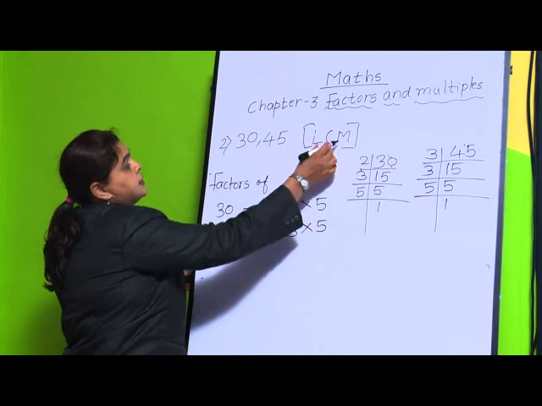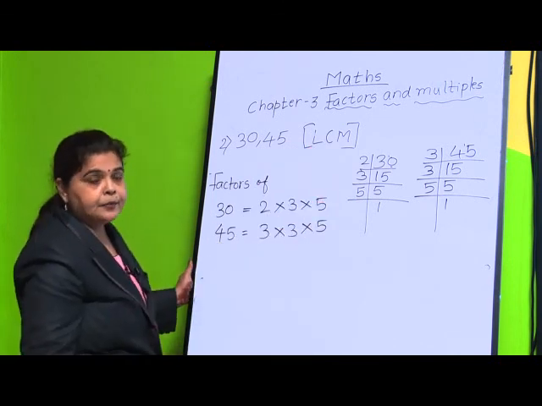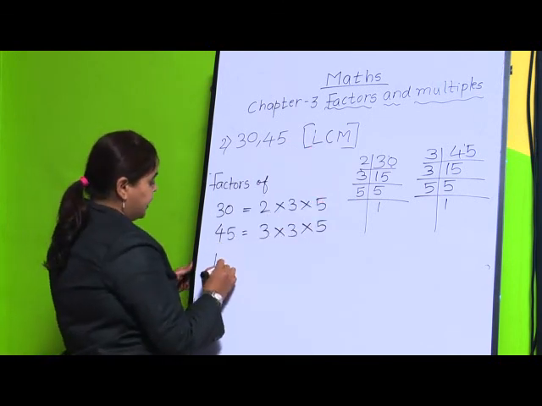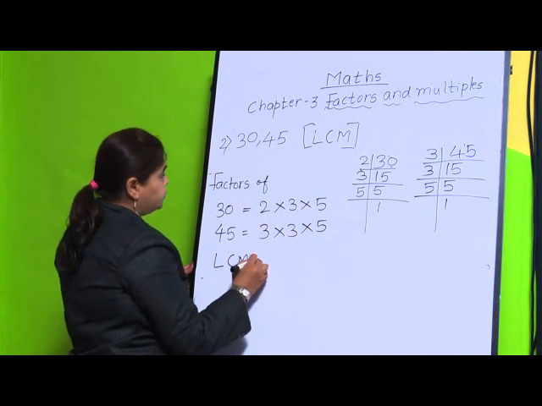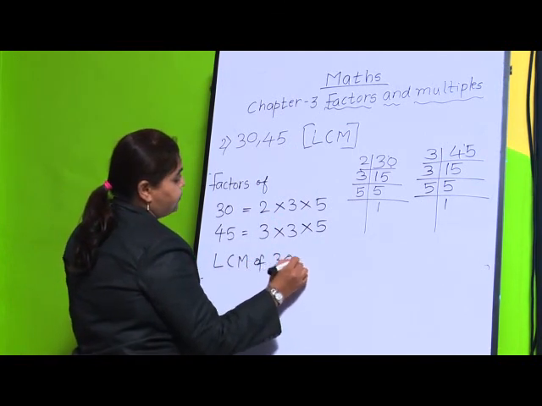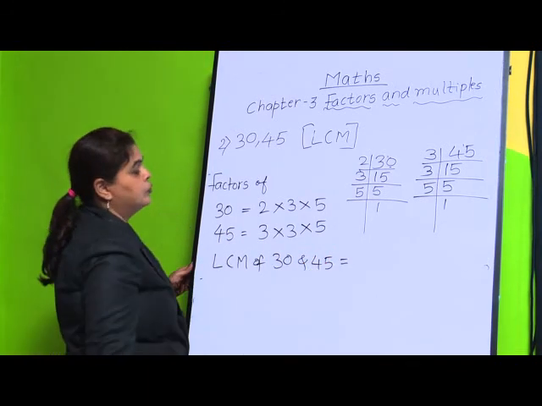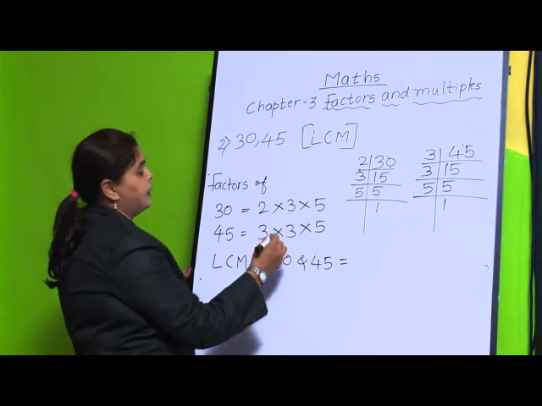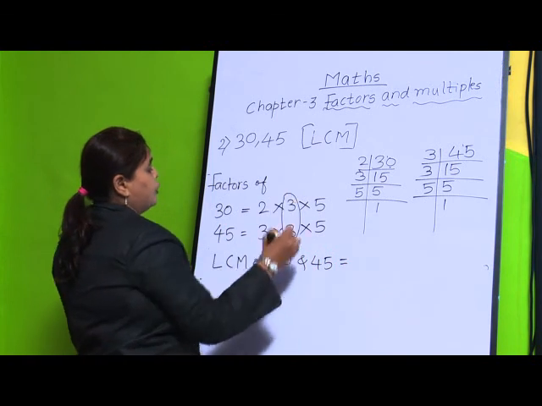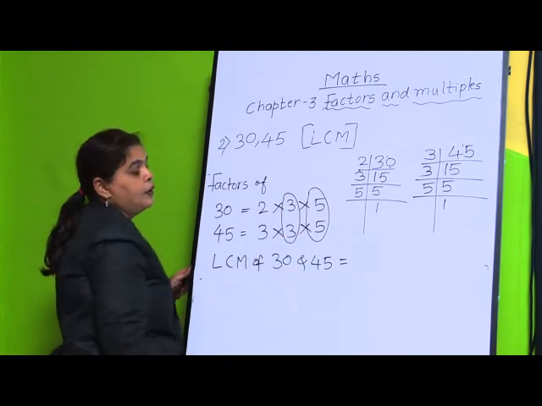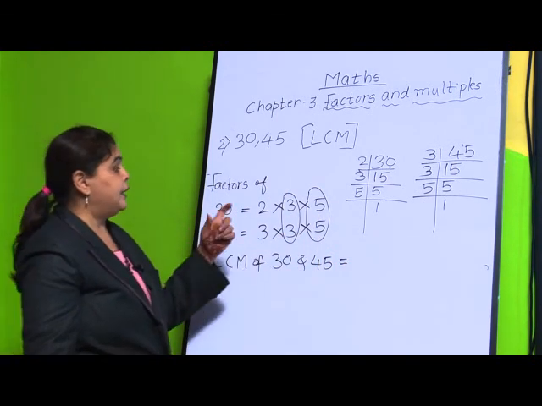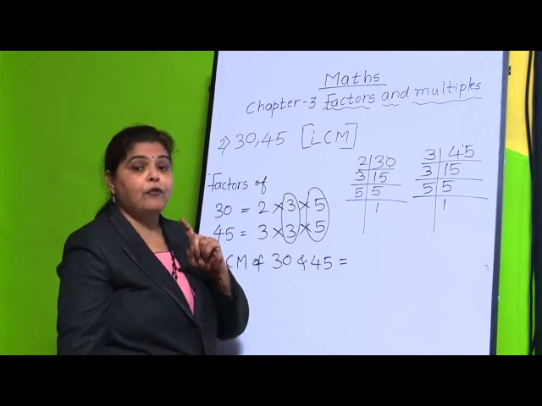Now, our question is to find out the LCM. So, what will we do? LCM of 30 and 45 is equal to. First, we have to see what are the common factors. When it is common, we have to write it only once.